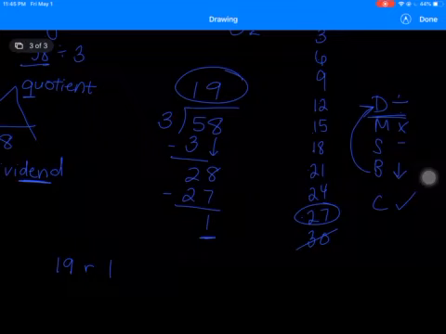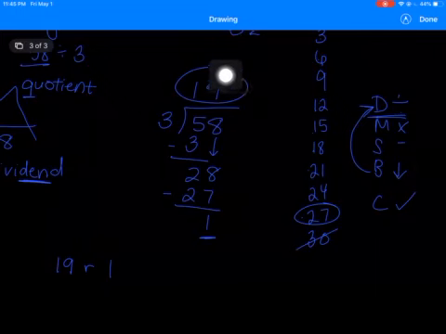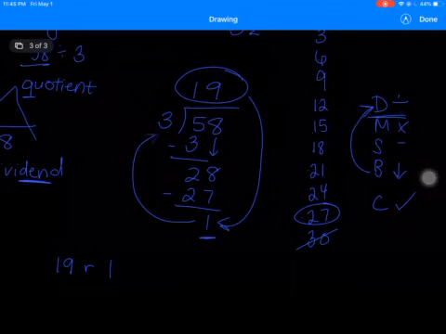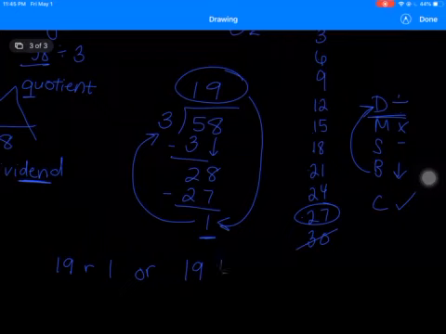Or if you want to be fancy and you want to put it into fraction or mixed number form, you can do this. I have my answer at the top, and then I draw an arrow down here. That's my numerator for a fraction, and that's my denominator. So another way I could write this answer is 19 1/3.